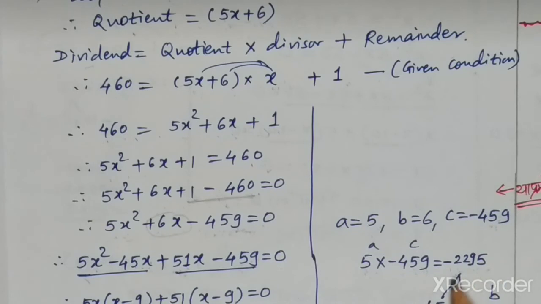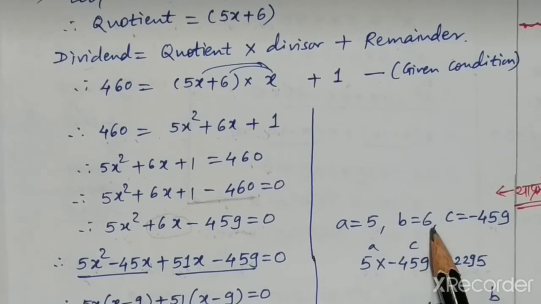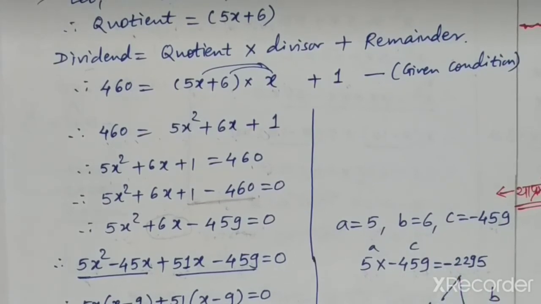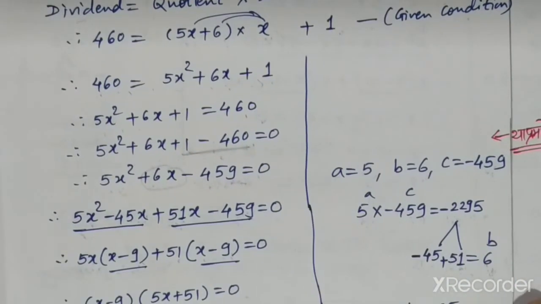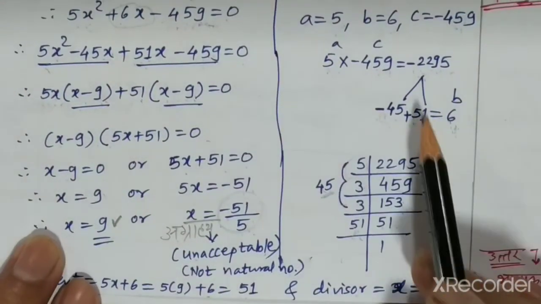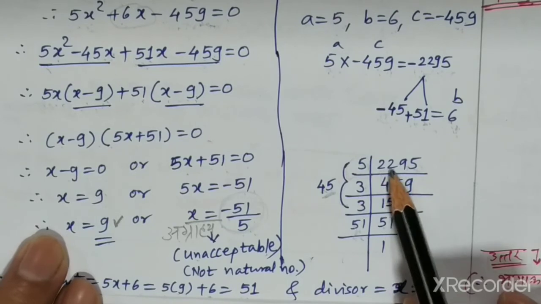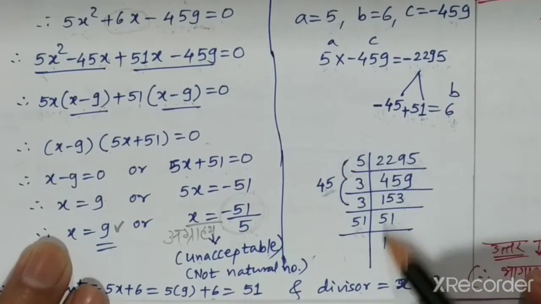So we have to find the factors of this 2295 such that their addition or subtraction is 6, because B is 6 here. Now we have to find these two numbers. So to find the factors of 2295, find the factors by ladder method.